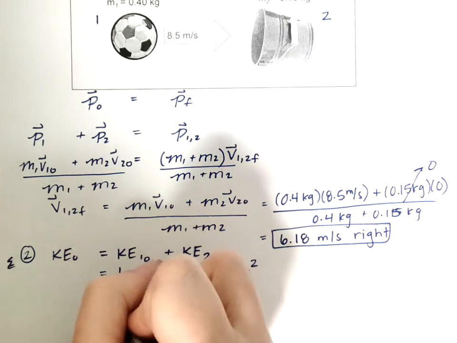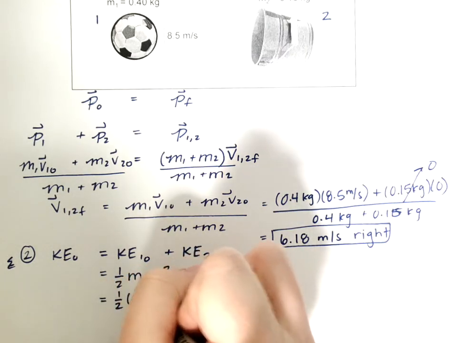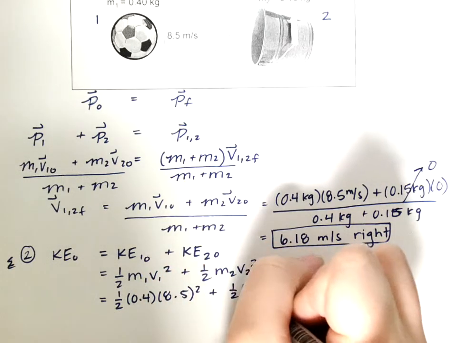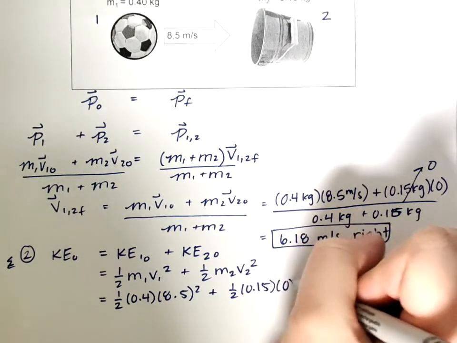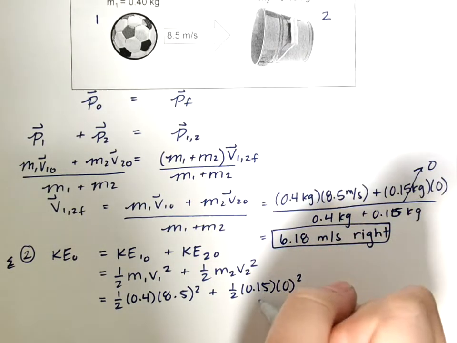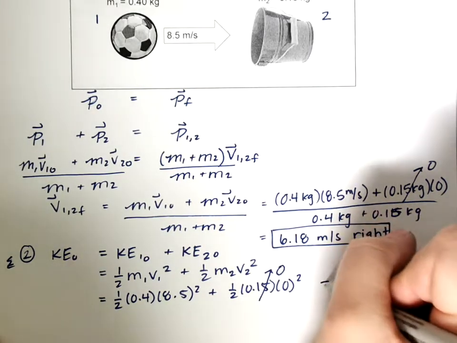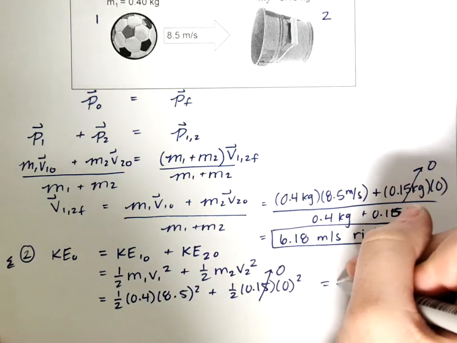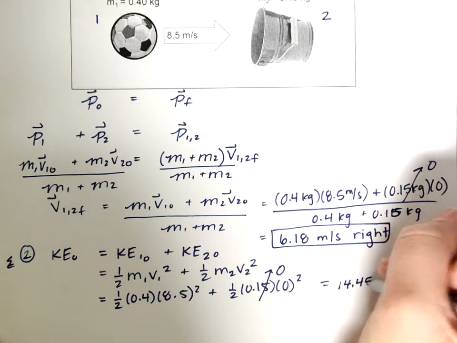Let's plug in our givens: 1/2, our mass 1 is 0.4, velocity 1 was 8.5. Since the bucket isn't traveling initially, it has a speed of 0, which cancels that whole term out. The only kinetic energy is due to the soccer ball, because it's the only one moving. So its energy is 14.45 joules.